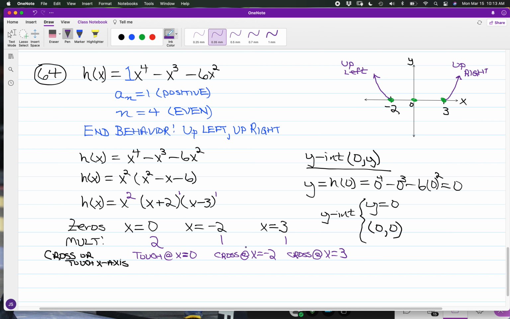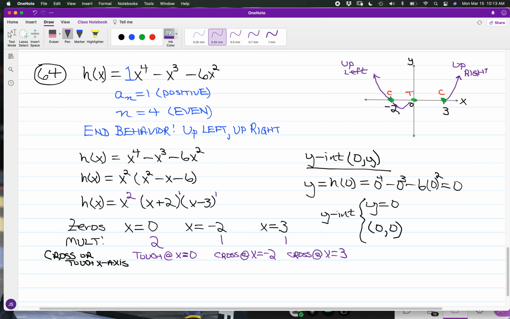And just for the activity, at x equals -2 the graph is going to cross, at x equals 0 it is going to touch, and at x equals 3 it is going to cross. So starting from the left, we have above the x-axis, and once we get to -2 it's going to cross to below.